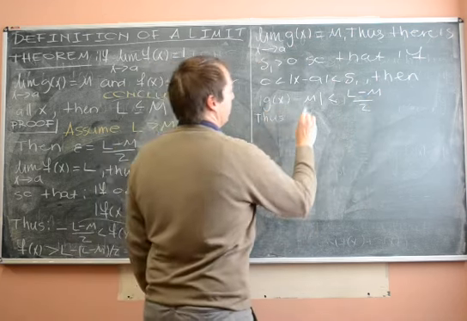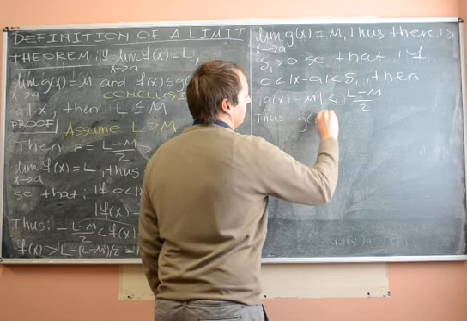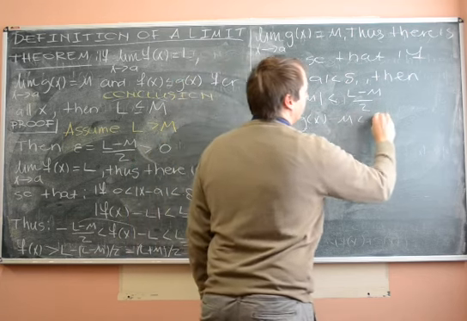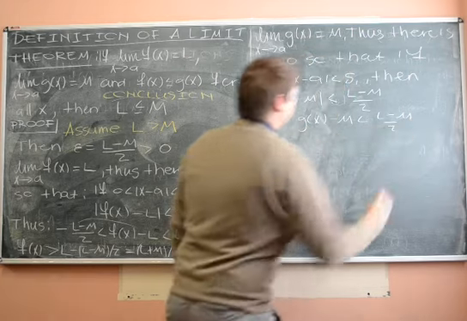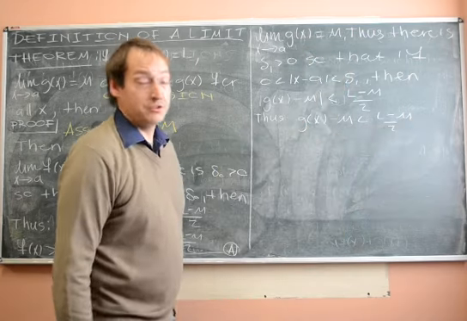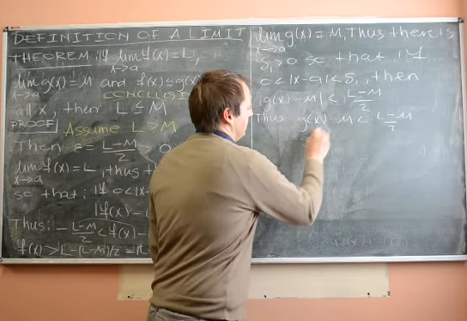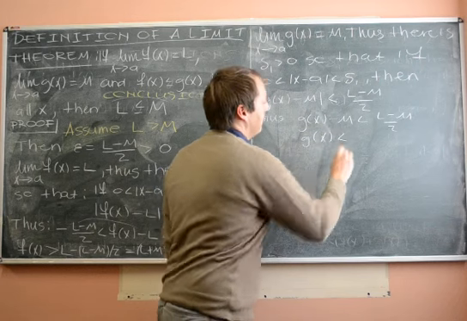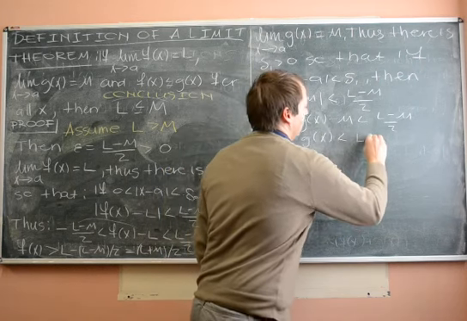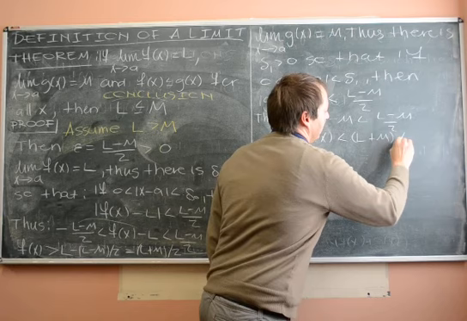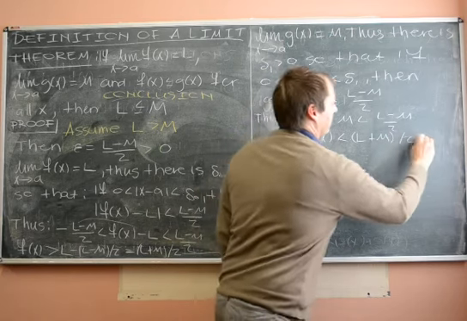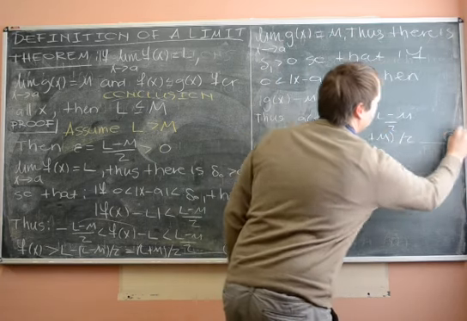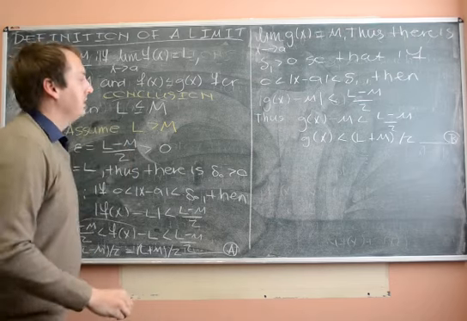So that means, in particular, g of x minus M is less than L minus M over 2, which gives you g of x less than L plus M over 2. And we'll call that inequality B.